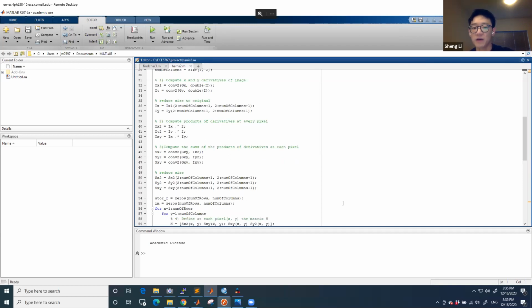But we found out that the filter can actually be combined with all these steps of the Harris Corner Detector, because Gaussian is linear separable. So for example, to do the first step, the spatial derivative, we can just use the derivative of Gaussian along X, convolved with the original image. Then we get the partial derivative of the image along X.